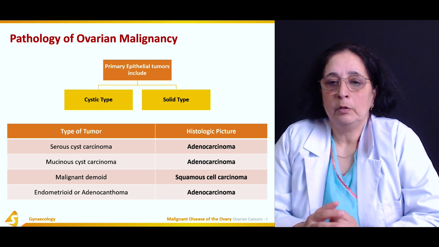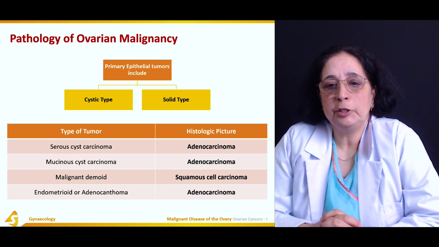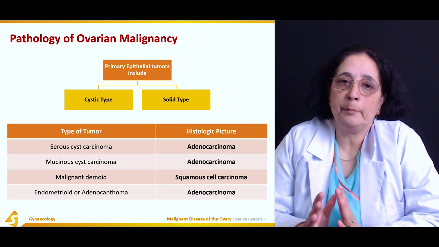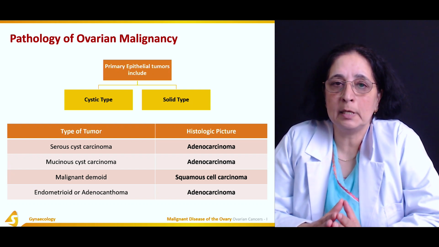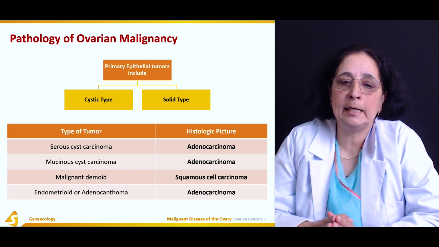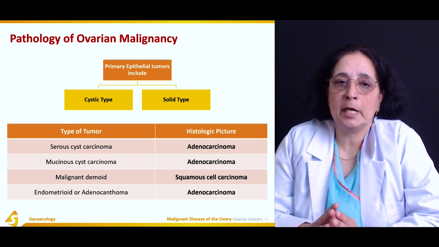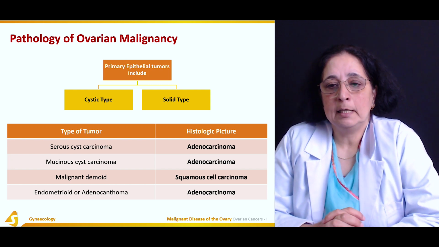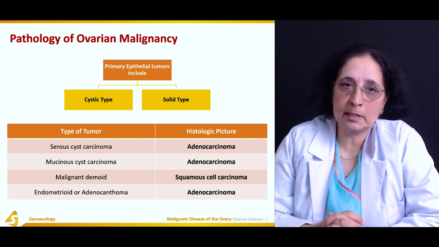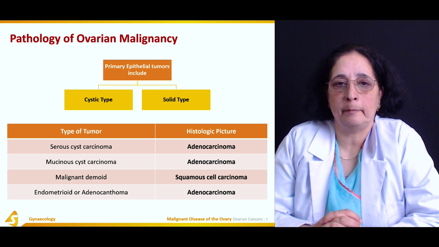Now, the primary epithelial tumor. We already know that it is one of the most common types of ovarian malignancy, about 80%. It is divided again into cystic type and solid type.